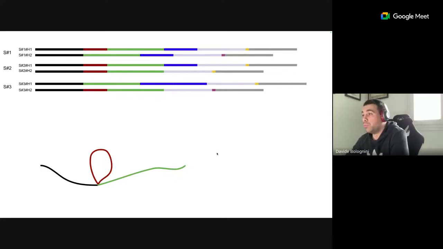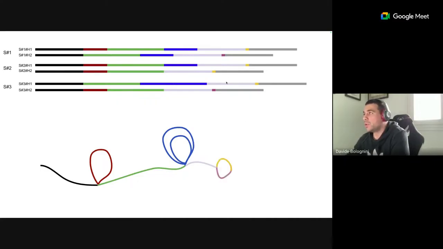And then you have blue and purple, or I don't know what kind of color this is. But there's also one haplotype that loops twice over the blue node. This is why you see a double loop over this node.